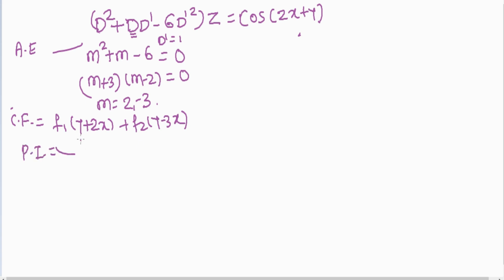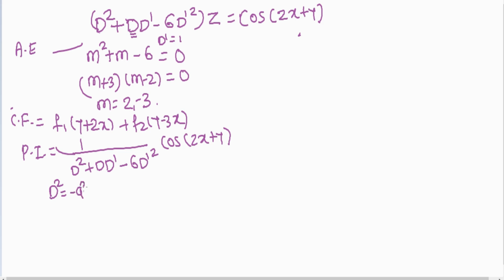Now, particular integral equal to 1 divided by (D squared plus D D dash minus 6 D dash squared) cos of (2x plus y). Now we have to substitute D squared equal to minus a squared, which is minus 2 squared, that is minus 4.